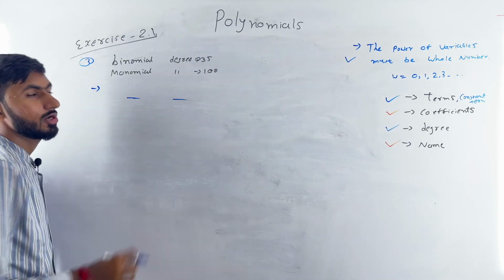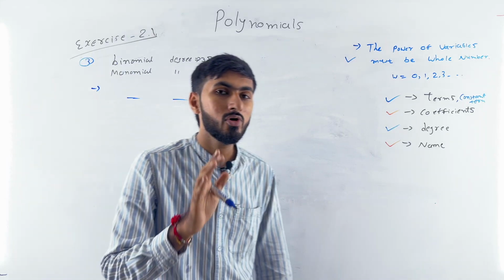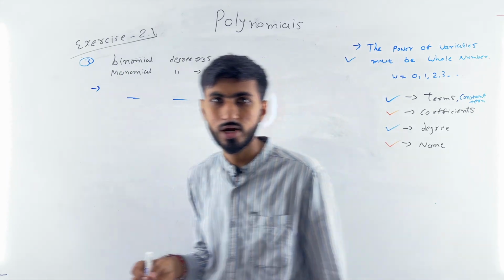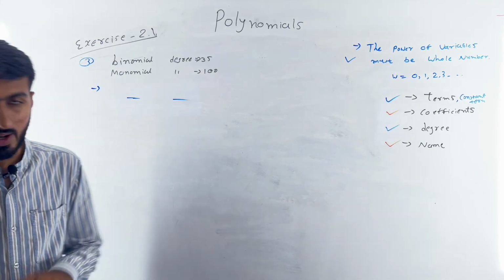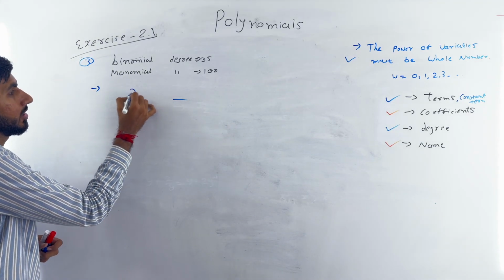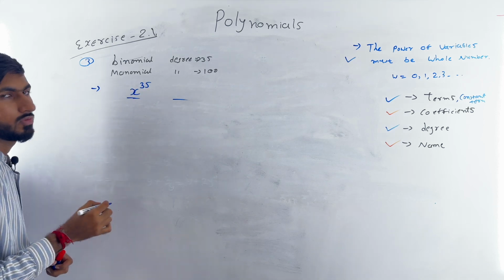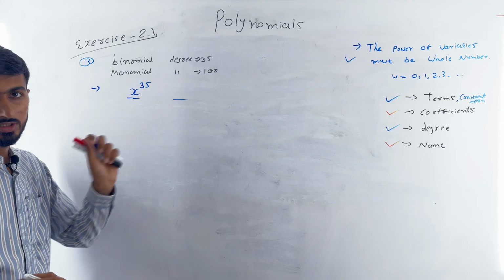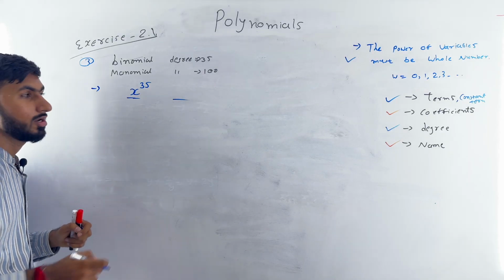Now it has degree 35, that means the maximum power of the variable in this polynomial is 35, right? There should be no higher power than 35 for the variables. So if I write, let's say, x power 35, in another term I cannot write x power 36 or 37, right? Maximum power should be 35 only.